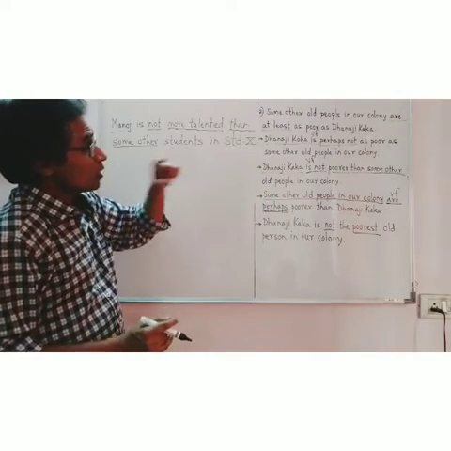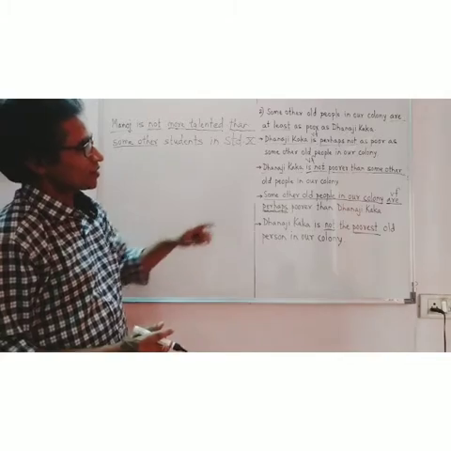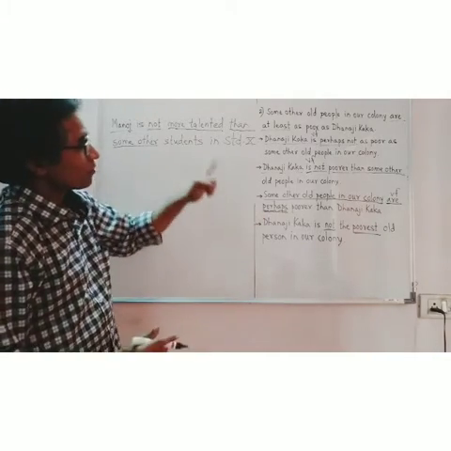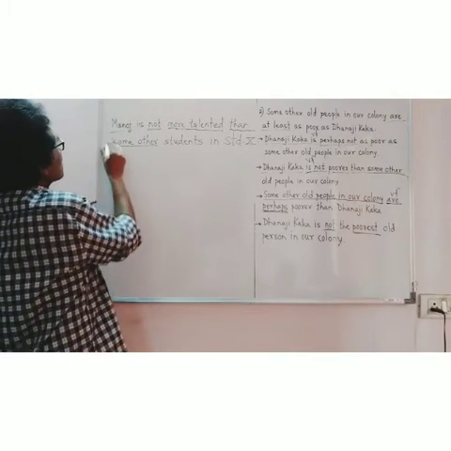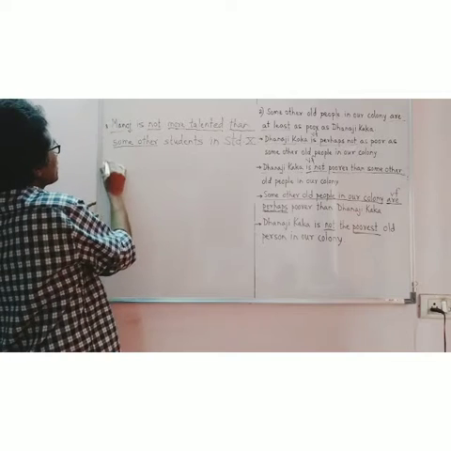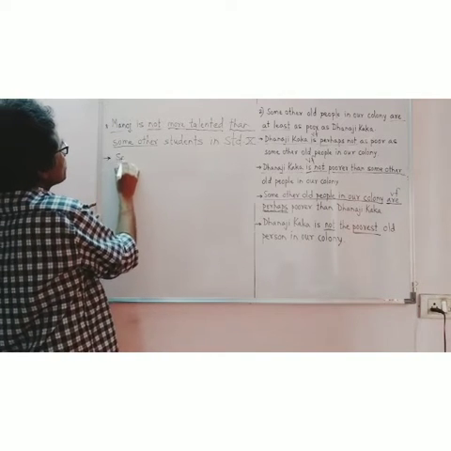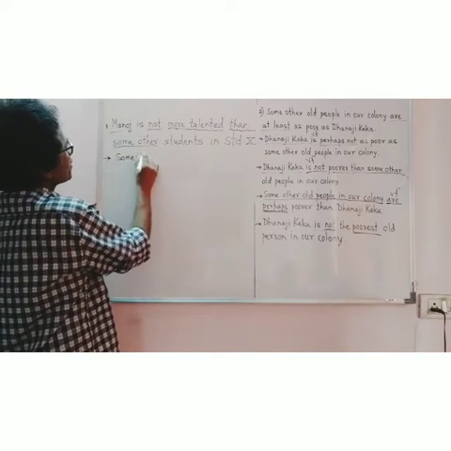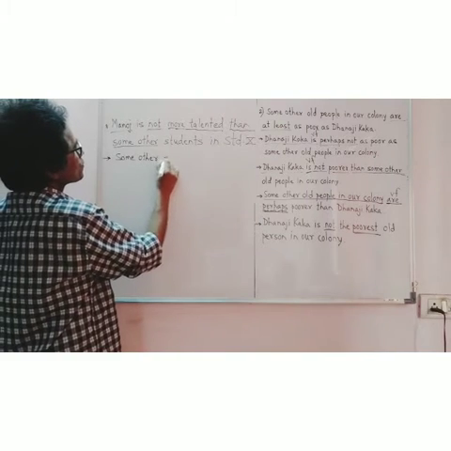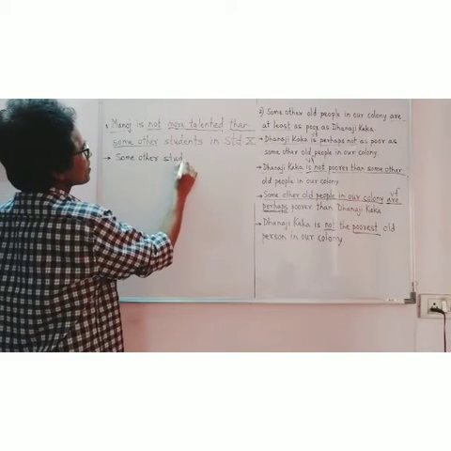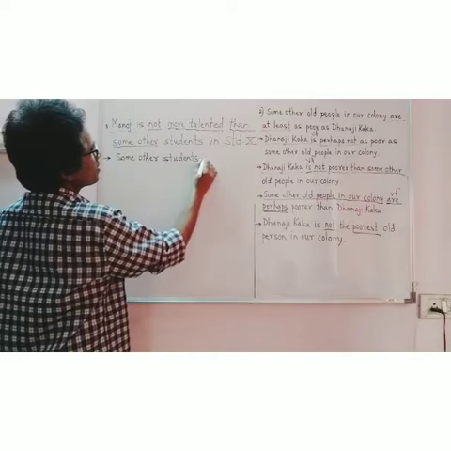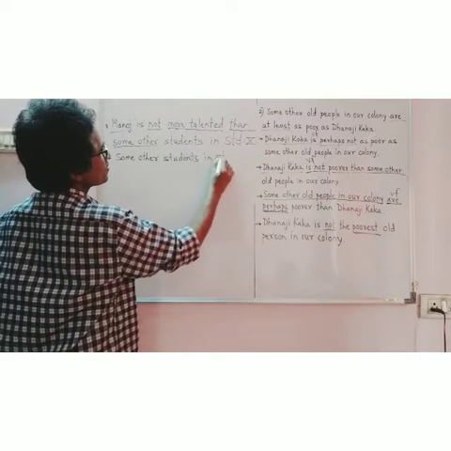Now if you want to make the second comparative, which begins with the object, then the answer will be: Some other students in standard 10 are perhaps not more talented than Manoj.